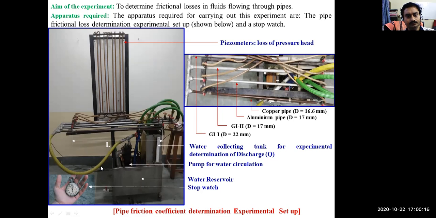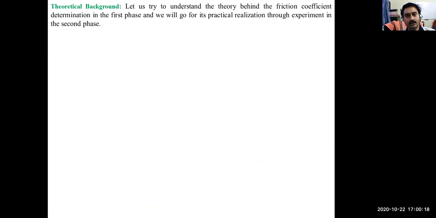Now coming to the theoretical background. Before coming to this experiment, I expect that in fluid mechanics theory, you must have read about how to calculate the frictional losses in the case of flow through a pipe.